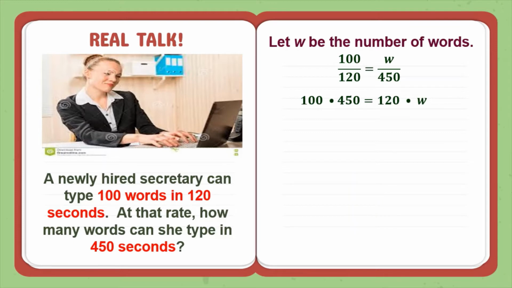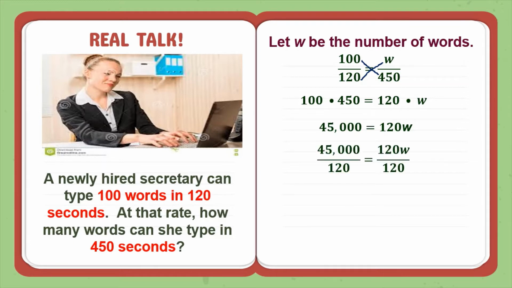So 100 times 450 and then 120 times W. So 100 times 450, that is 45,000, and then 120 times W, that is 120W. And then we will divide both sides by 120. And then this one, 120 divided by 120, that's equal to W.